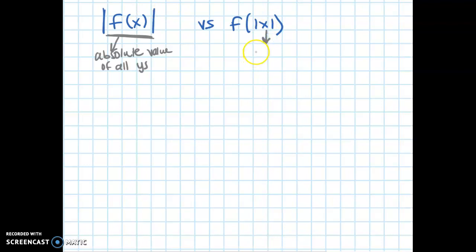Here, you're just taking the absolute value of the x's. Let's talk about how this behaves in the graph. Let's examine the graph, just kind of a basic one. A lot of times when I have you do this on your own, I'll give you a picture and you need to manipulate the picture.